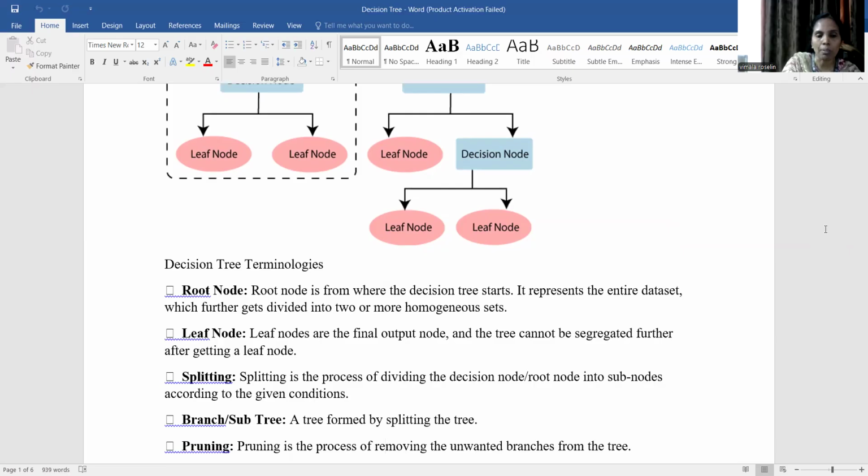If we are not using any condition for particular branches or subtrees, we need to remove them. Removing the unwanted branches or subtrees is called pruning.